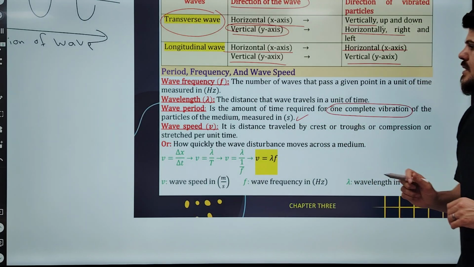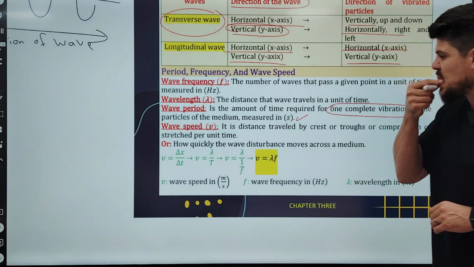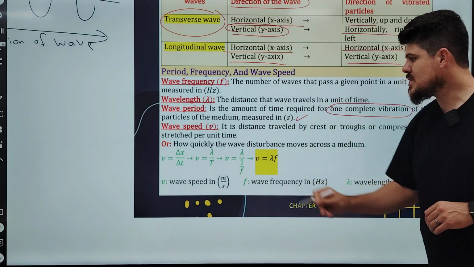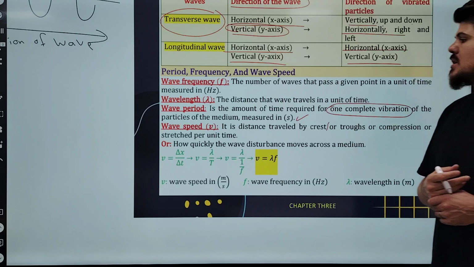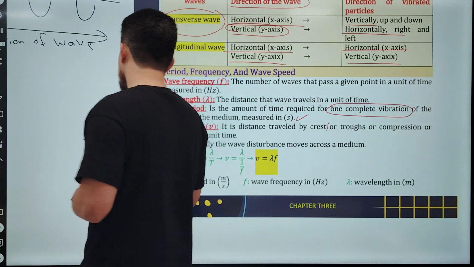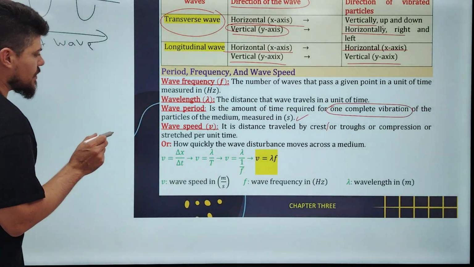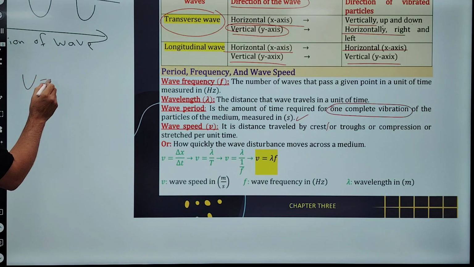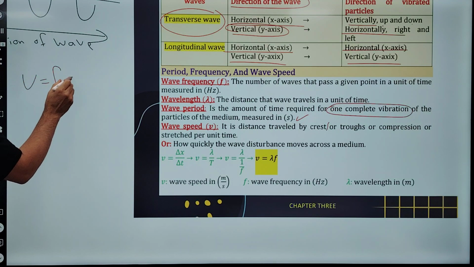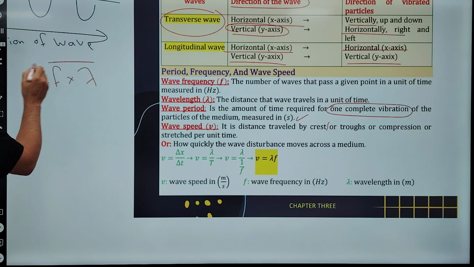Measure it in seconds. What about the speed? Wave speed is the distance traveled by a crest or crests or troughs, or compression or stretched, per unit of time. So we can say that the speed of the wave is equal to frequency times wavelength.